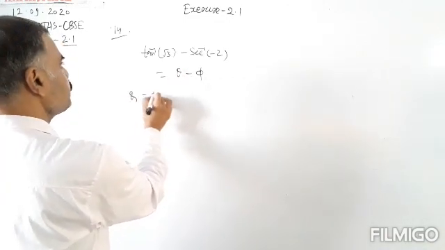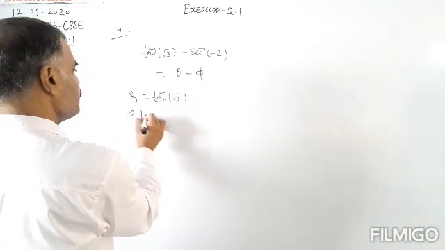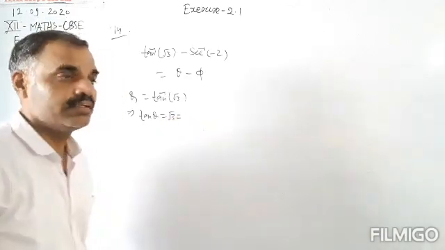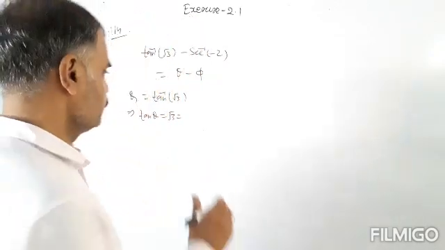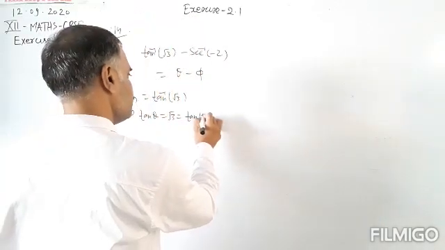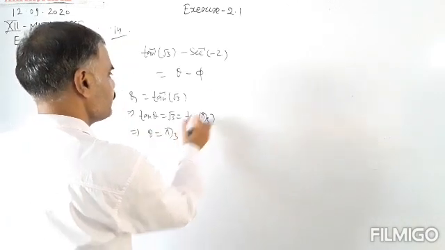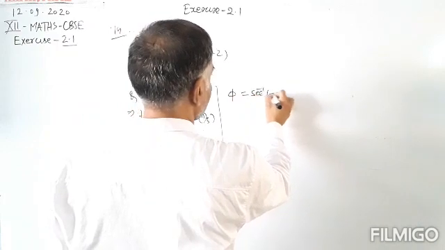Now theta is equal to tan inverse root 3. That is why tan theta is equal to root 3. Root 3 means tan pi by 3, tan 60 degrees. So theta is equal to pi by 3. Now phi is equal to sec inverse minus 2.